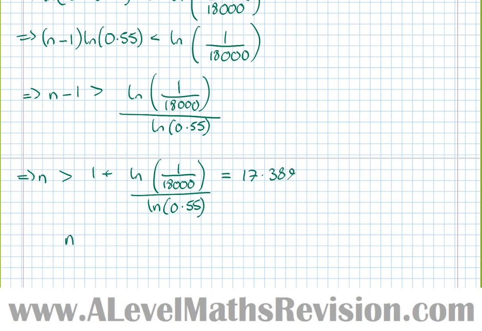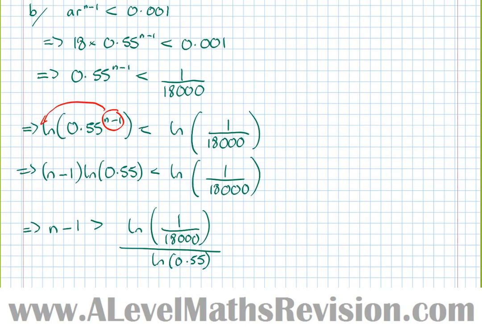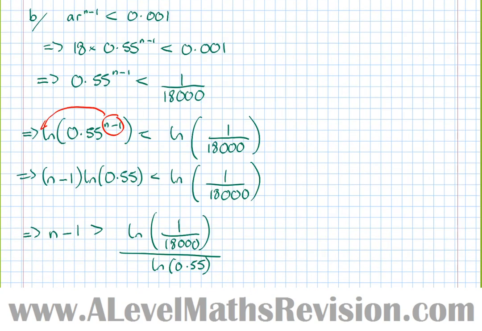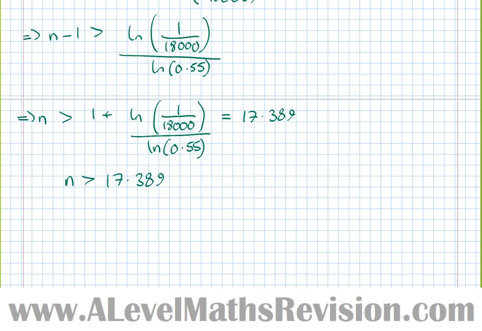So we can conclude that n has to be bigger than 17.389. But looking carefully back at the question, find the smallest value of n. N has to be an integer because it's a term number. So the smallest value of n is the first integer that satisfies this inequality. If n is bigger than 17.389, then the smallest it could be is n equals 18, and then we're done. So that's that question.